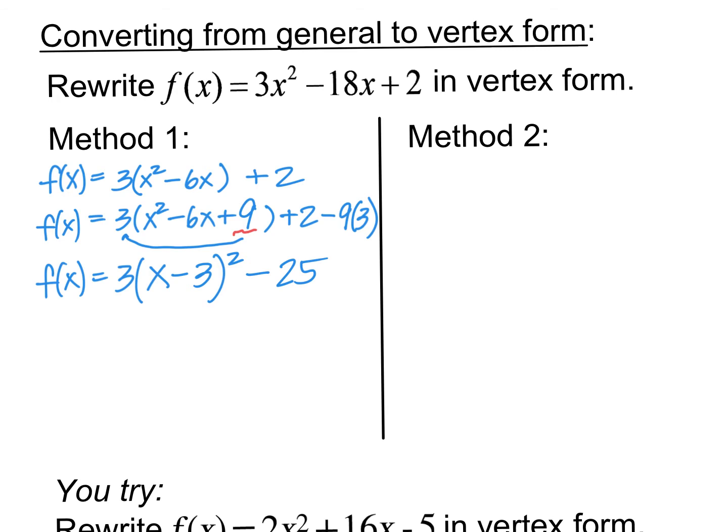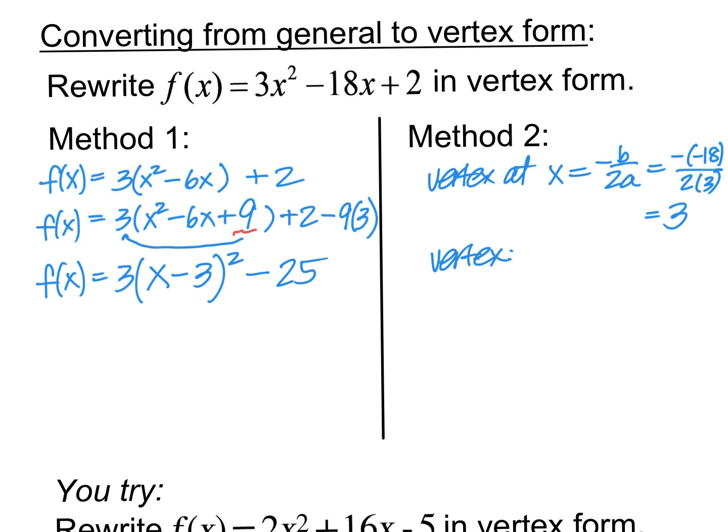Method number 2 is to actually find the vertex. And you might remember that for finding the vertex, there's a negative b over 2a formula we can use. So this is negative negative 18 over 2 times 3, and we get positive 18 divided by 6, which is 3. So the vertex is at 3 comma f of 3.